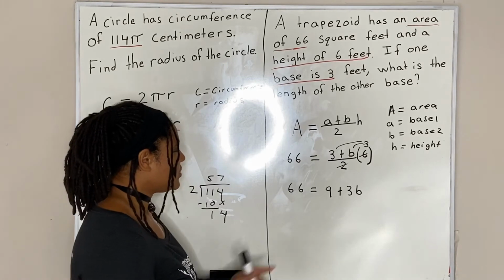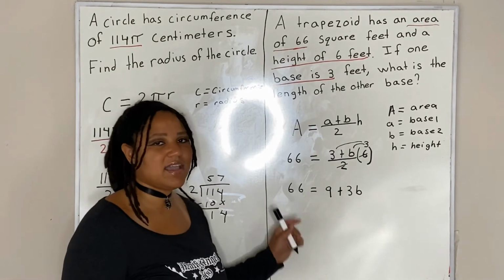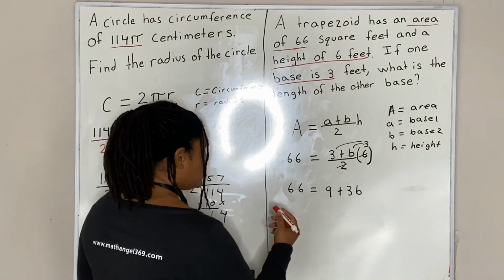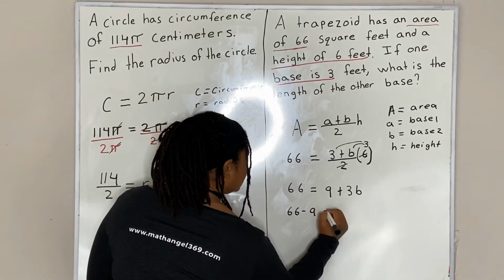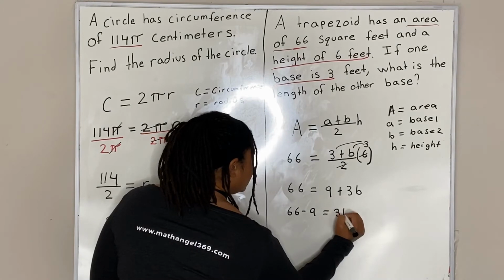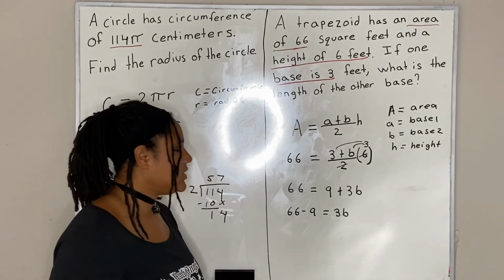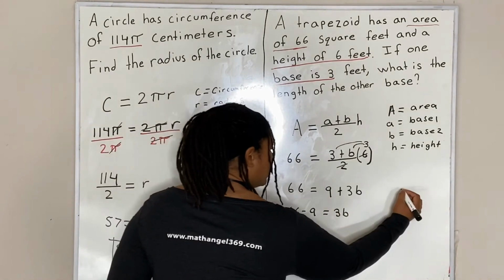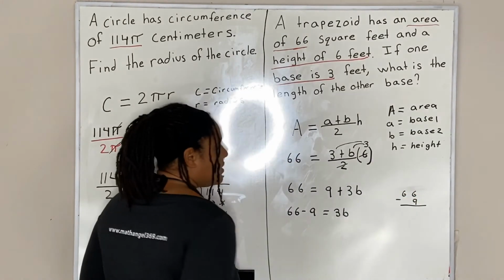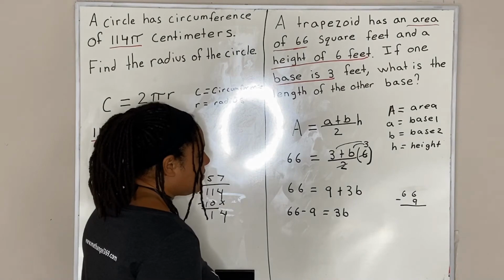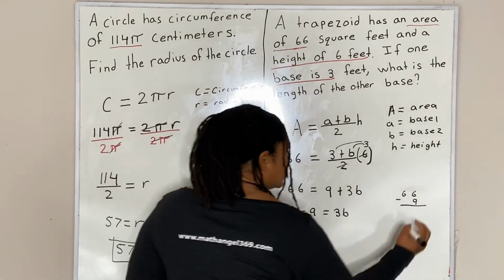And now we're just going to subtract 9 from both sides. So we have 66 minus 9 is equal to 3b. And just so I can show all of my work, we have 66 minus 9: 9, 10, 11, 12, 13, 14, 15, 16.